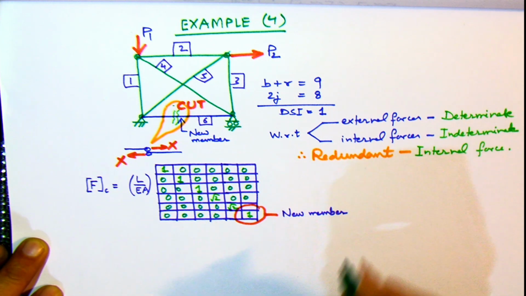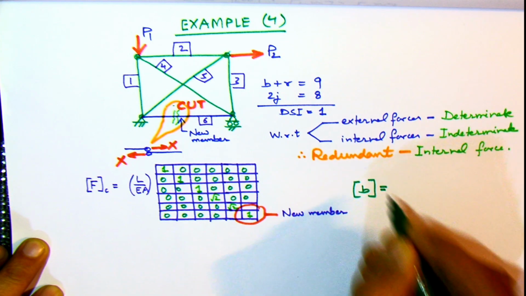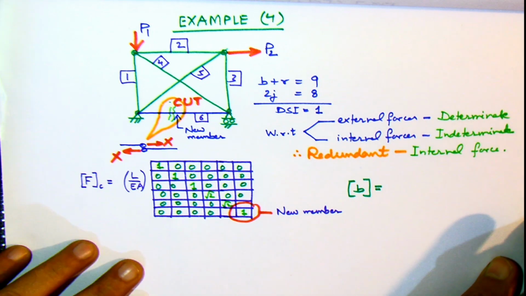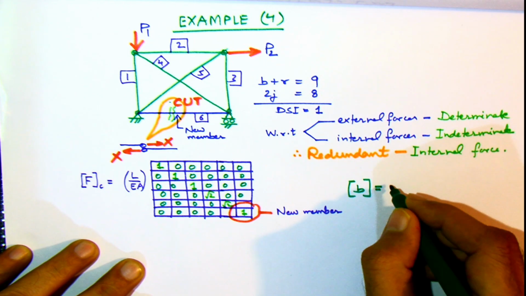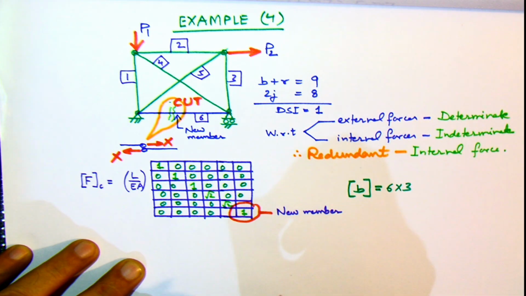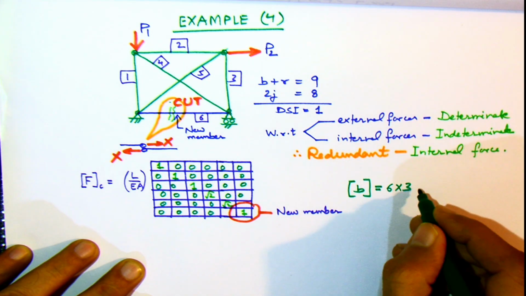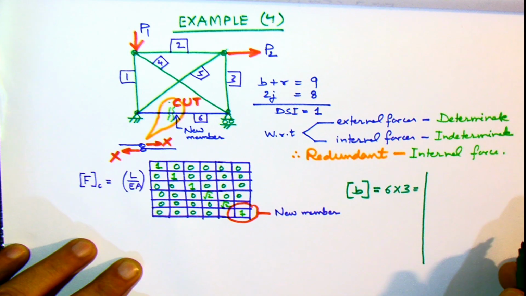The next step is to determine the matrix B. Now the size of the B matrix would be 6 by 3. Earlier the size was 5 by 2 because there are 2 external forces.